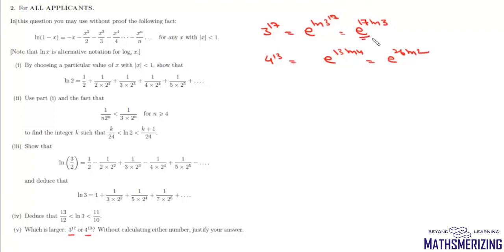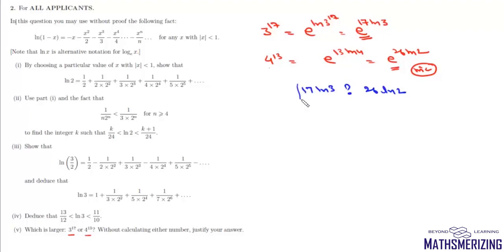Now since the exponential function is an increasing function, basically we have to find out which of 17 log 3 and 26 log 2 is greater, and correspondingly, the expression between 3 to the power 17 and 4 to the power 13 will be greater.